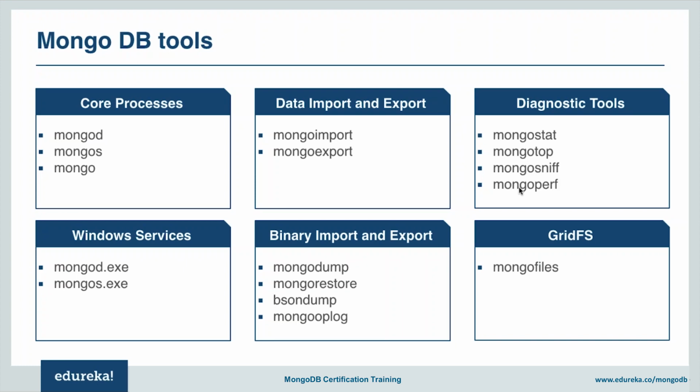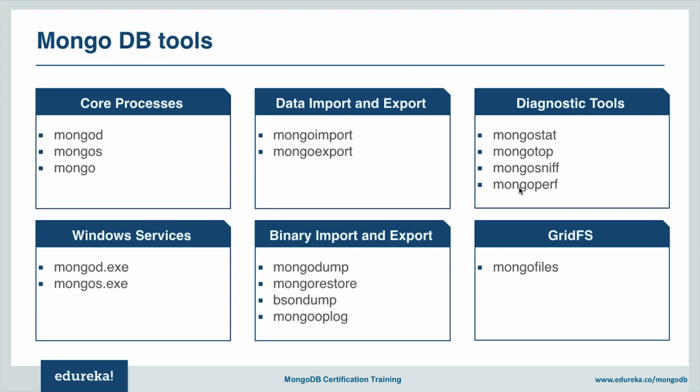Then for data import and export, we have Mongo import. We primarily have Mongo export for pushing the data out of the Mongo instance. The import and export primarily makes sense if you're trying to take a backup or restore from a backup.